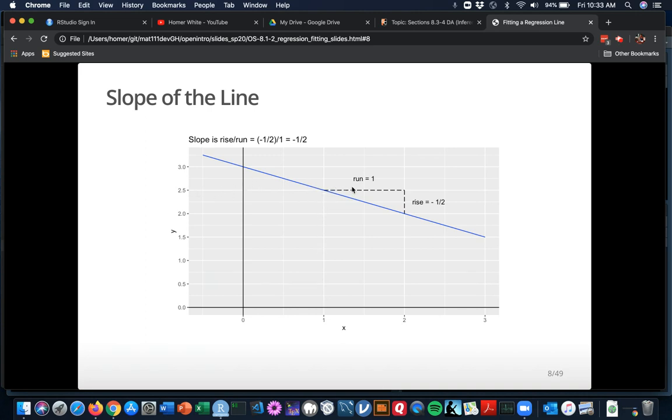And suppose you ran over 1 unit along the x-axis to where x is 2. Then this time you'd have to fall in order to get back to the line, half a unit to where y is now 2 instead of 2.5. So we say the rise is negative a half. And again, the rise over the run is that slope you see for the line here in front of the x variable.